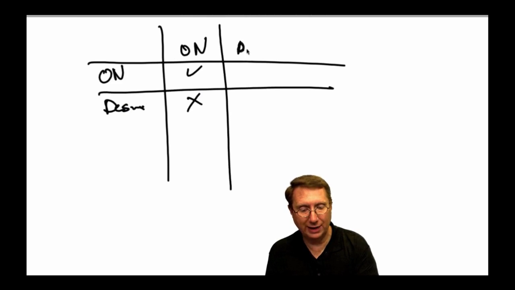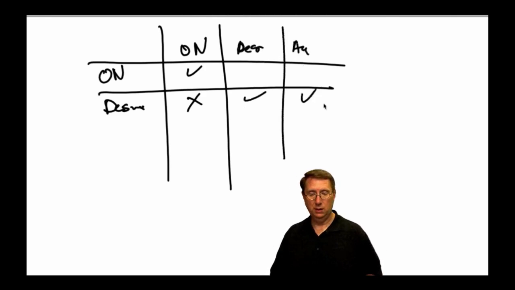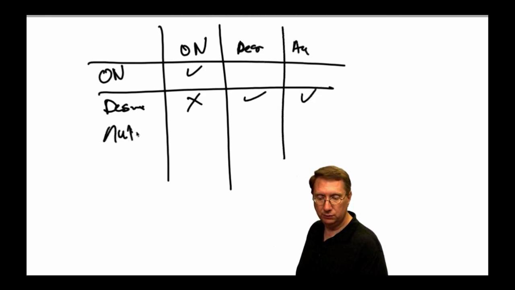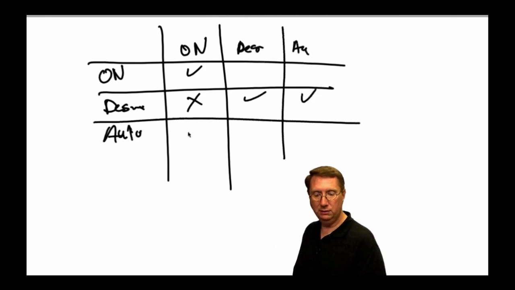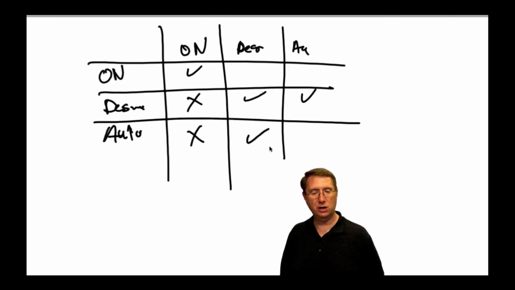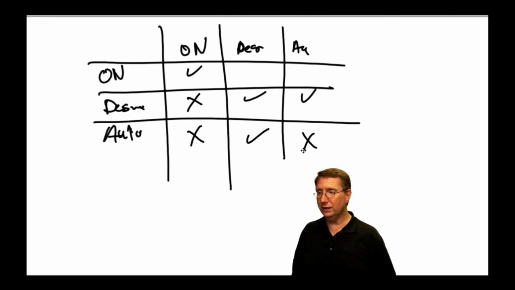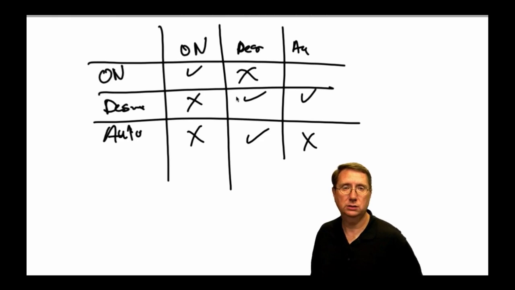If I have desirable and desirable, I am going to form a trunk. If I have desirable and auto, I'm going to form a trunk. If I have auto and on, I'm not going to form a trunk. If I have auto and desirable, I'm going to form a trunk. And if I have auto and auto, I am not going to form a trunk. They'll be willing, but no one's willing to initiate the process. So on and desirable, no trunk.